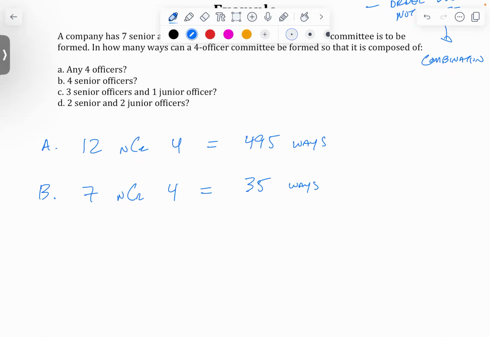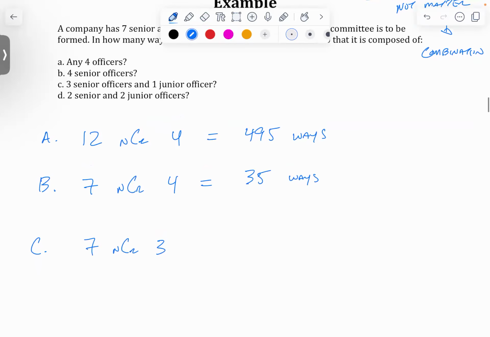3 senior, all right, and 1 junior officer. Well, again, I have 7 senior officers. I want 3 of them. And I have 5 junior officers, and I want 1 of them. Now, the important thing is, if I'm doing these 2 combinations, I'm multiplying these together.